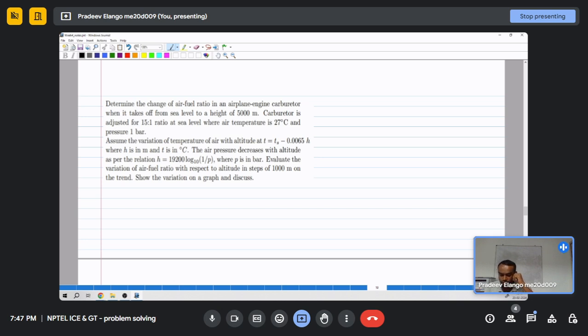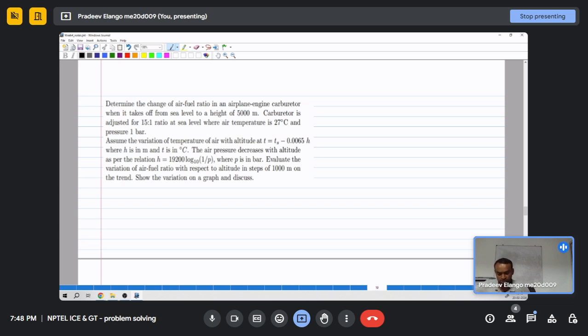Determine the change of air-fuel ratio in an airplane engine carburetor when it takes off from sea level to a height of 5,000 meters. The carburetor is adjusted for a 15:1 ratio at sea level, where the air temperature is 27 degrees Celsius and pressure is 1 bar. Assume the variation of temperature of the air with altitude as T equal to Ts minus 0.0065 H, where H is in meters and T is in degrees Celsius.